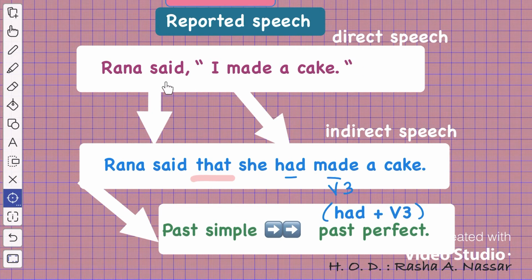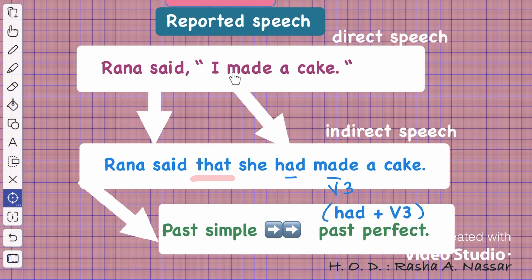Let's see here, how can I change my sentence if it is in the past and I want to change it into indirect speech? The same steps that we have followed before, we will follow now, but with different changes in the tenses.